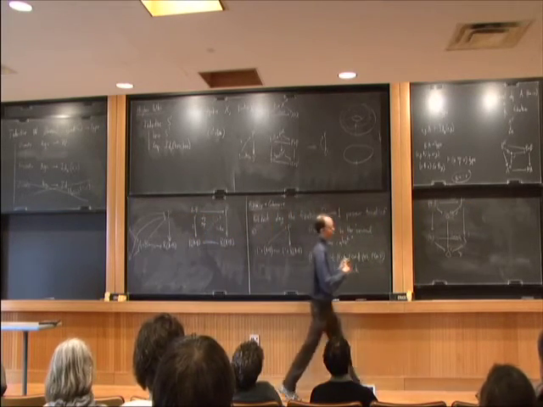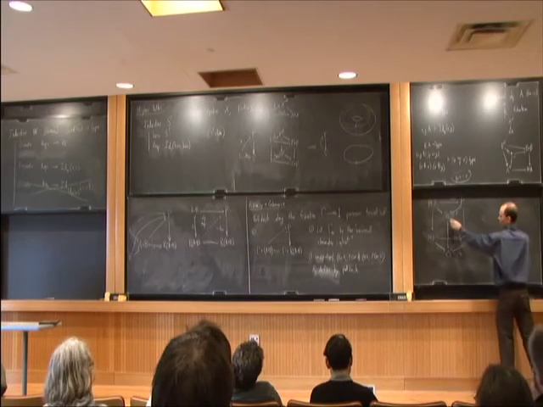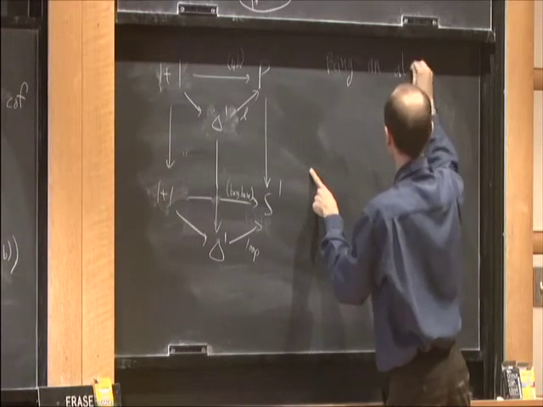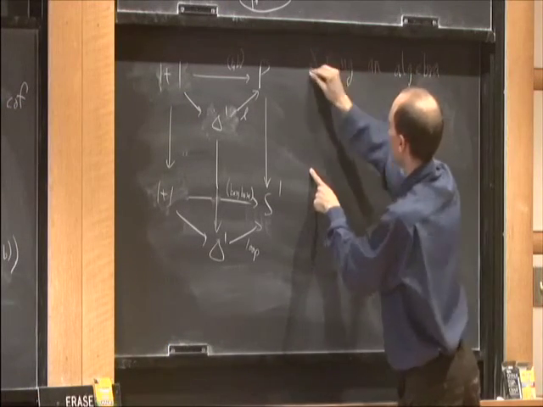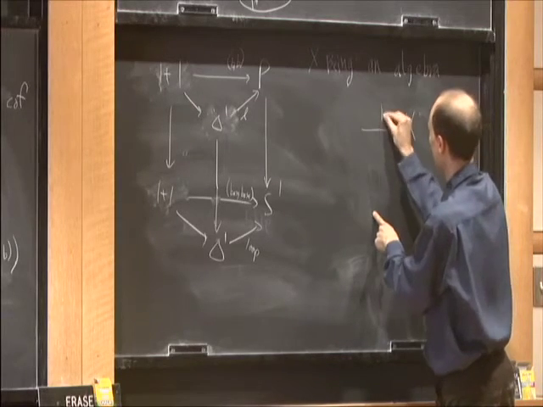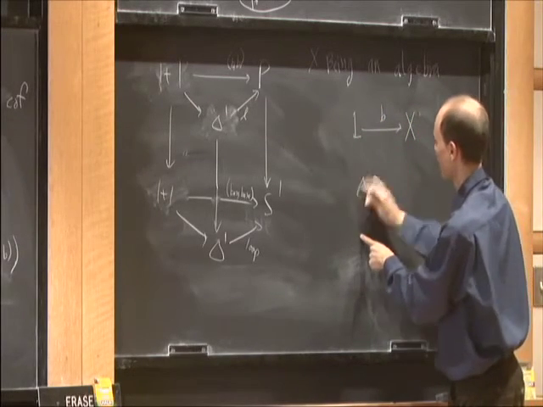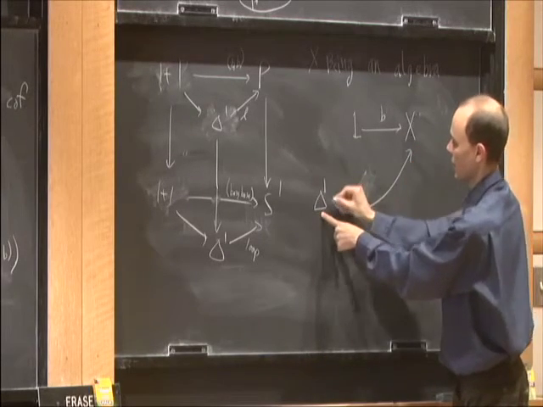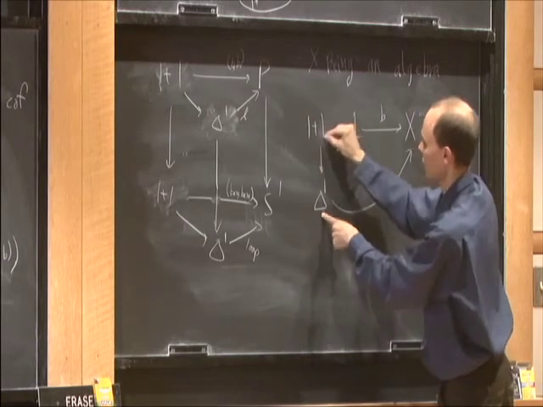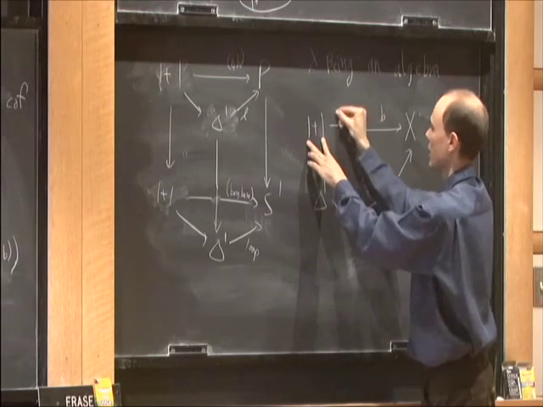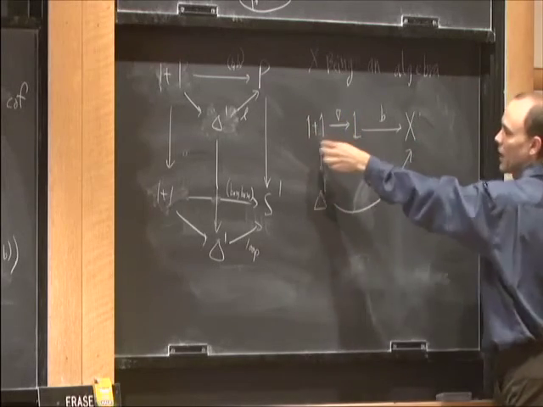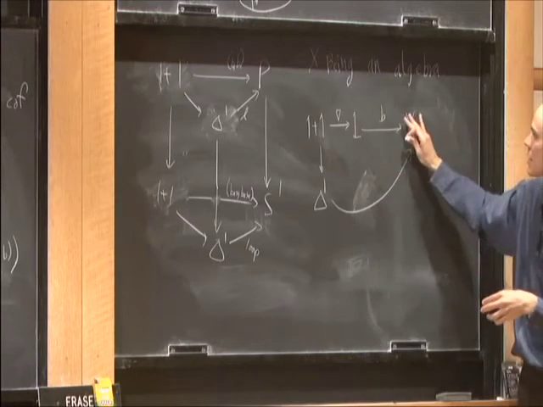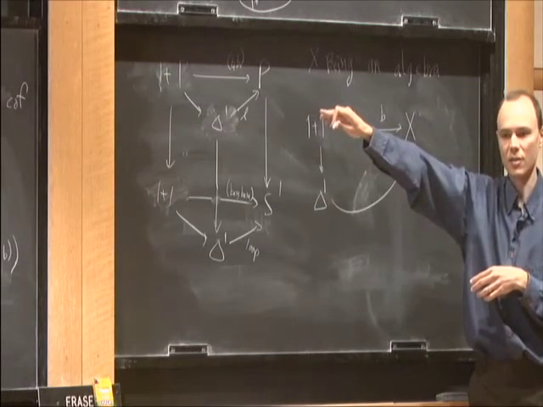So here I can define being an algebra. X being an algebra is the same as saying I have a map B from 1 into X, and then I have a map from the simplicial interval into X with the property that when I restrict it to the two endpoints, 1 plus 1, I get B comma B. So I'm factoring through the fold map from 1 plus 1 to 1 into B. So having a commutative diagram like this is the same as saying that X is an algebra of this sort.